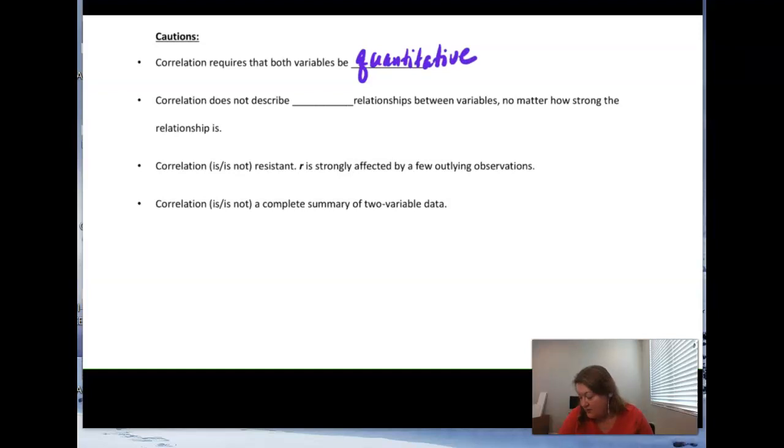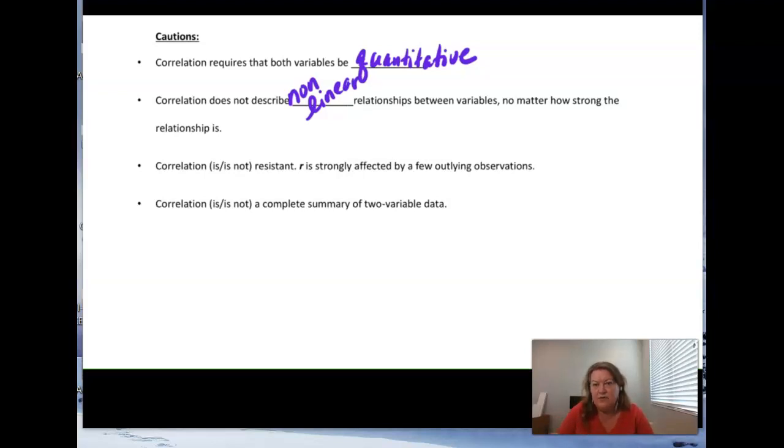Also, correlation does not describe non-linear relationships between variables, no matter how strong the relationship is. So correlation is not meant to use with curves. It's meant to be a best fit line number.